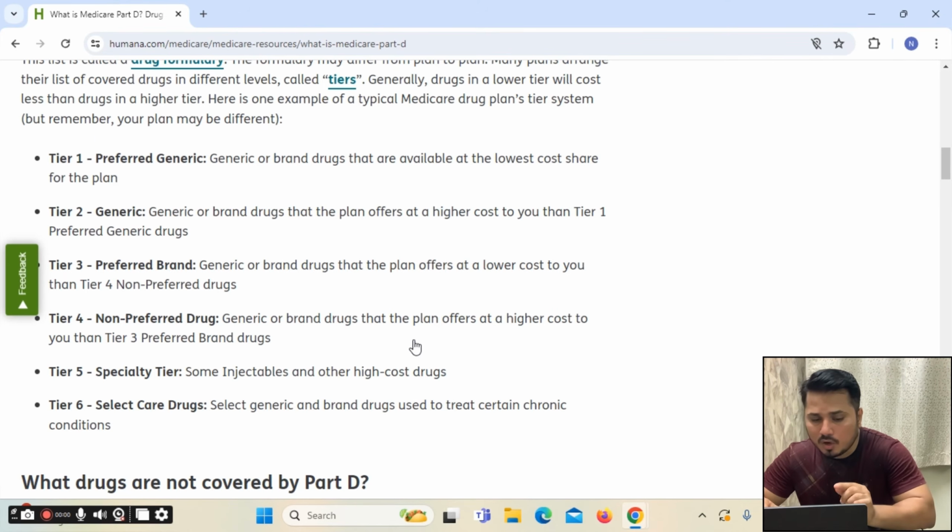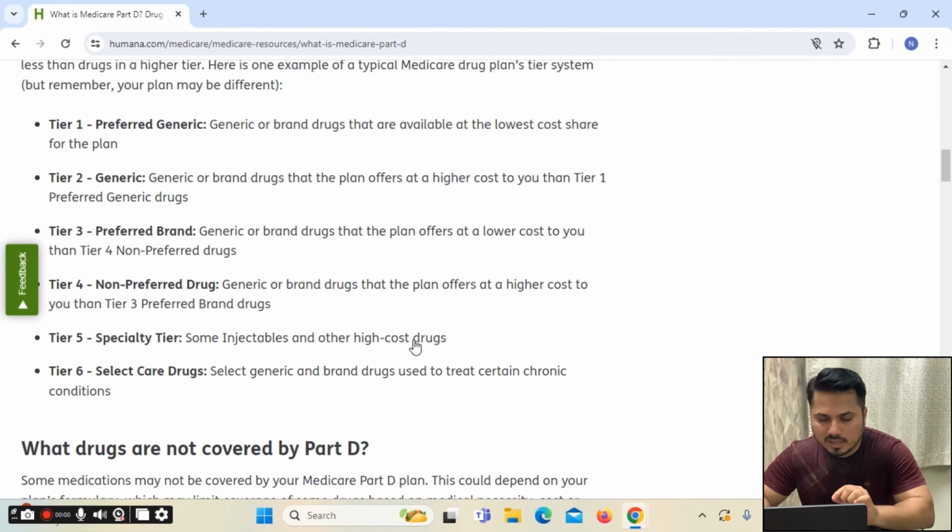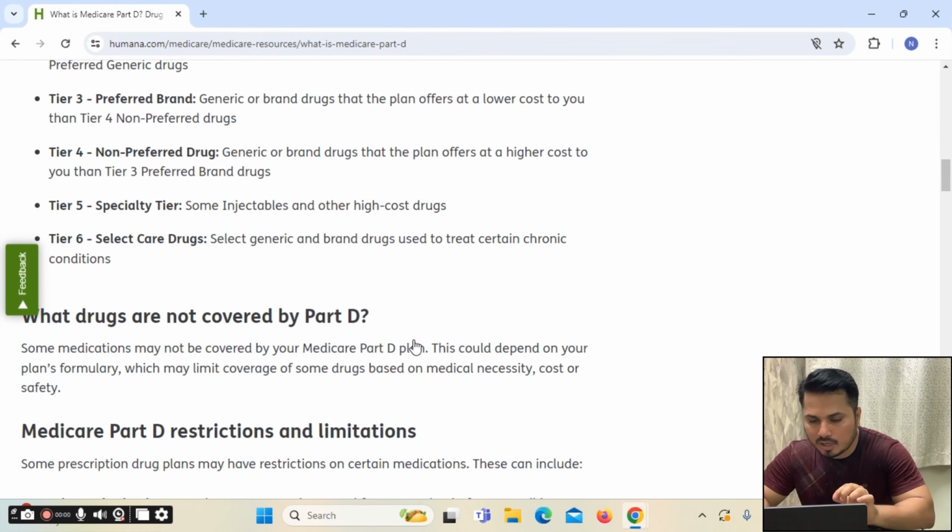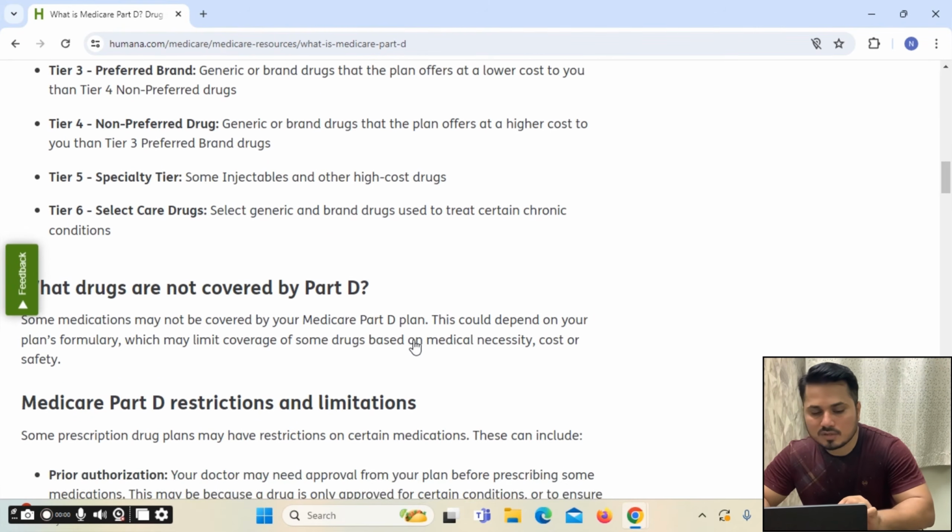Tier 4, non-preferred drugs, generic or brand drugs that the plan offers at a higher cost to you than Tier 3 preferred brand drugs. Tier 5, specialty tier, some injectables and other high cost drugs. Tier C, select care drugs, select generic and brand drugs used to treat certain chronic conditions.